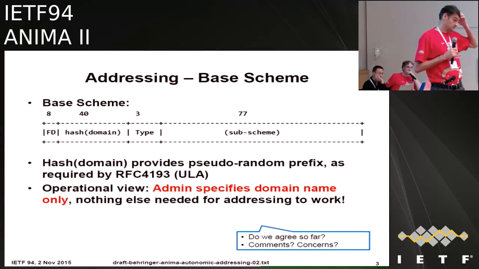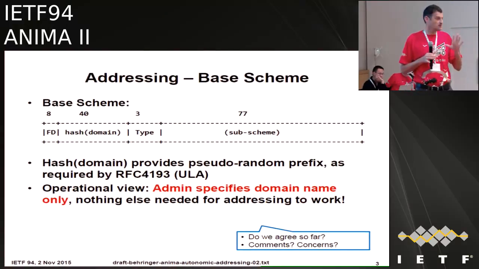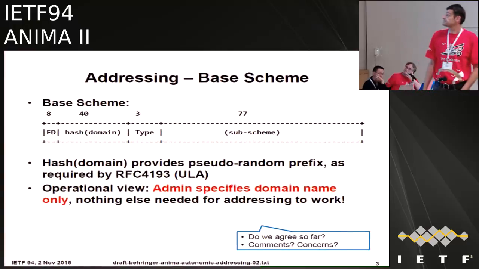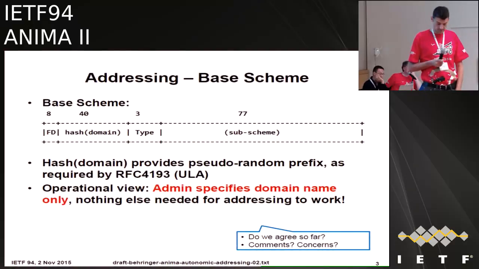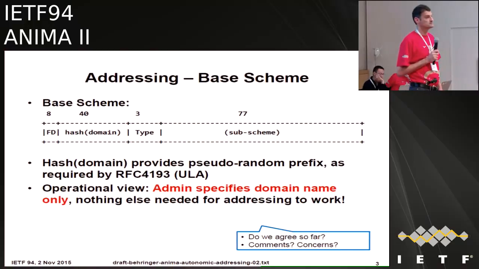So I see no other people coming up. Yeah, Jason. Jason Coleman. So when you talk about the fact that the pseudo-random prefix is going to be different for a domain and a subdomain, we have yet to define how that's going to work, but thinking down the road with GRASP and trying to route between domains, we need to decide how we're going to handle that from a subdomain point of view, where typically you might want to just route to the parent domain, allow that parent domain to figure out where the subdomain piece is.